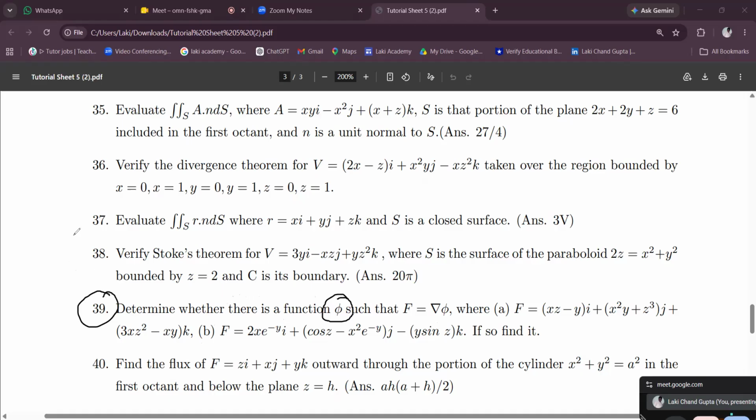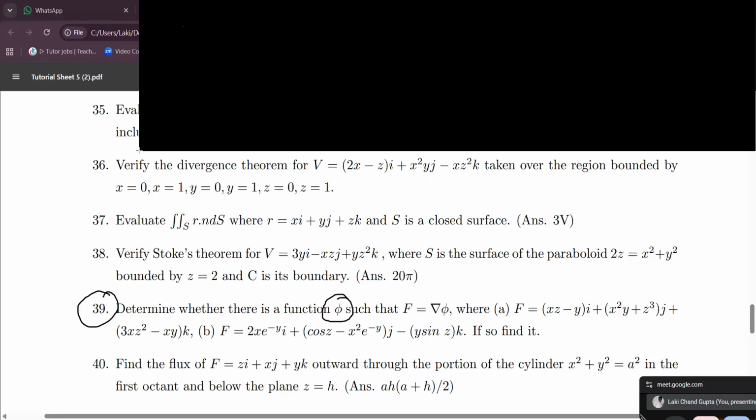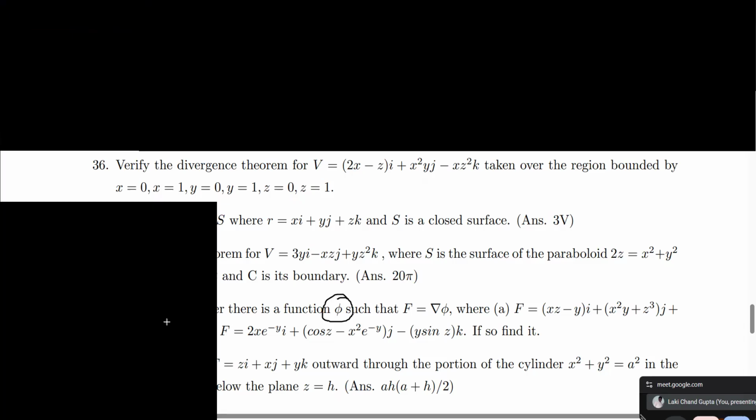Yes. So first I will tell you what the Gauss divergence theorem is, right? Question number 36. See, this is the Gauss divergence theorem.